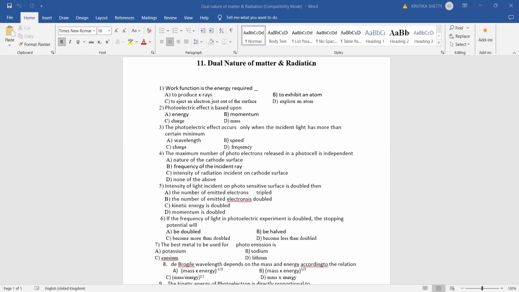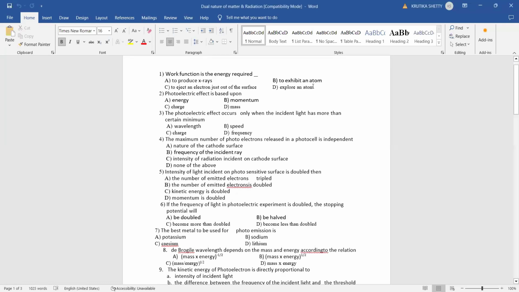I want everyone to answer in the chat box. You are able to see the questions now, students. So you can answer the questions one by one. Work function is the energy required to produce X-rays?